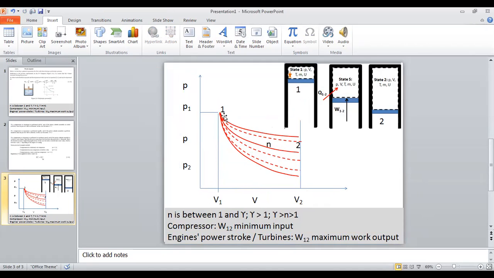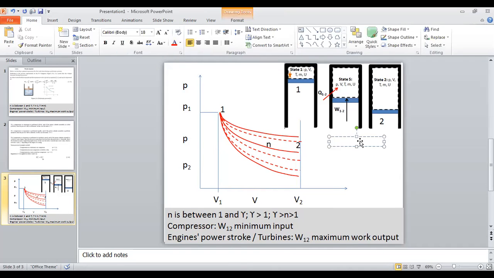So this is a work done. Work done by the system means there is a real work output here. This is the real, because this is a power stroke.